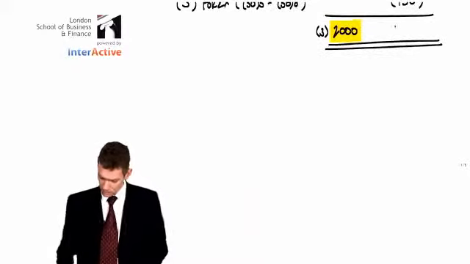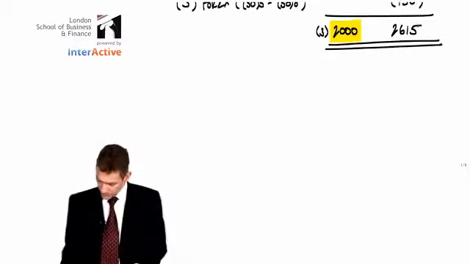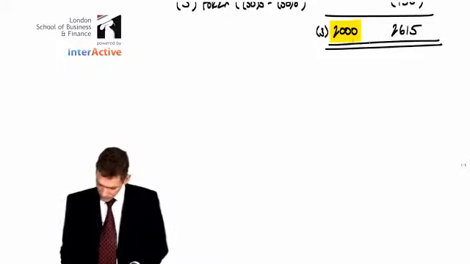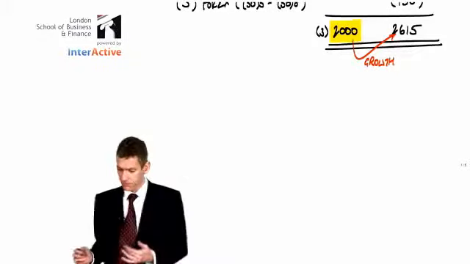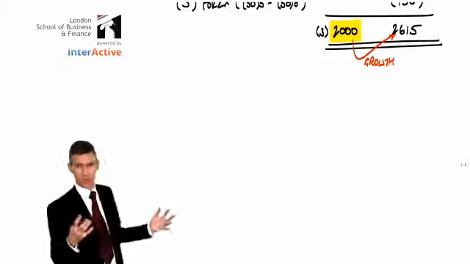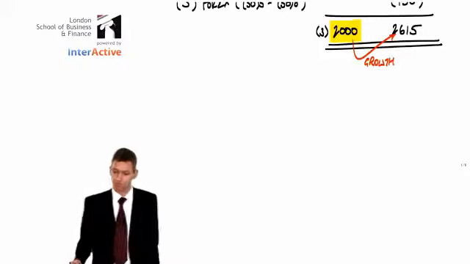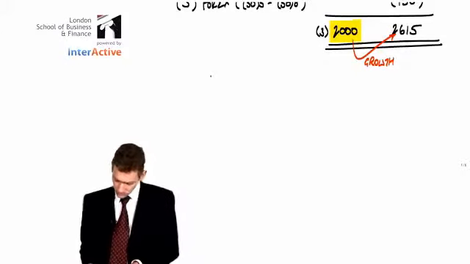You'll be pleased to hear. 2615, and you know what we're doing here. It's the usual thing. We're trying to establish growth, and the growth, as you can see, is 615. It's nice, isn't it? So nothing has changed from any other question you've done before. It's all the same stuff. It's just getting more complicated. Goodwill is the same as every other question you've done. This is full goodwill.